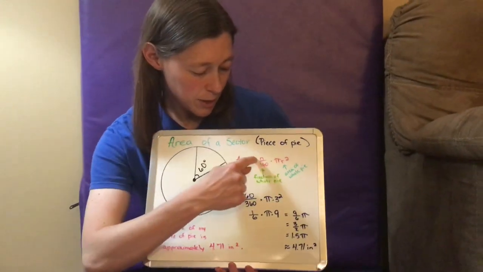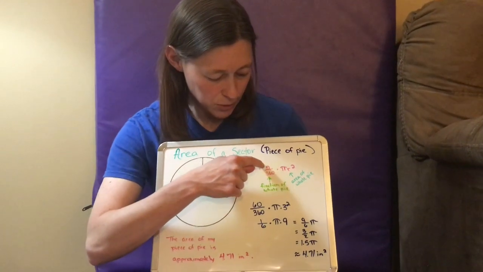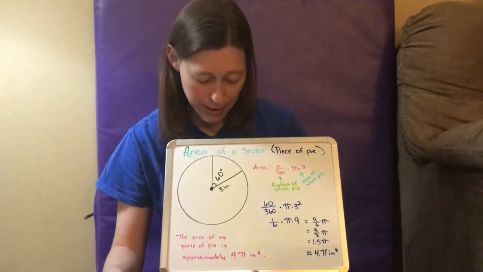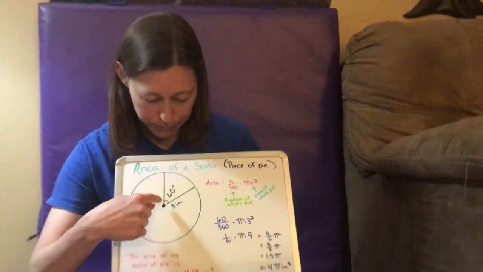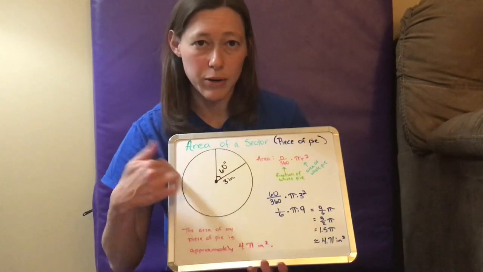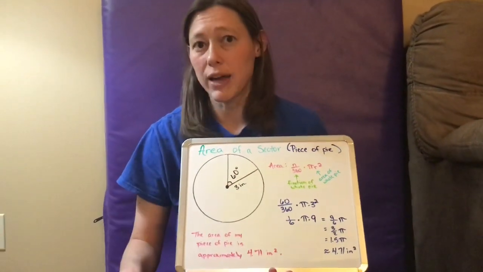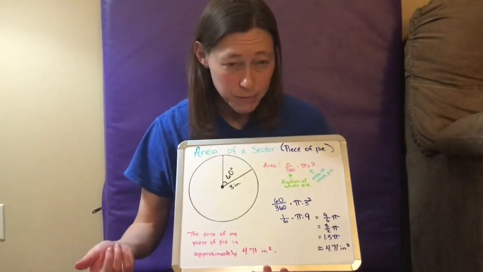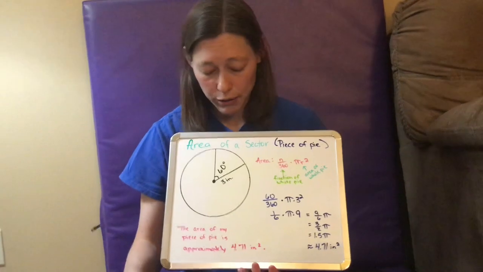The n stands for the central angle, so the central angle over 360 is basically the fraction of 360. So 60 over 360 reduces to 1/6. So my piece of pie is 1/6 of the pie, and pi r squared is the area formula for the circle.